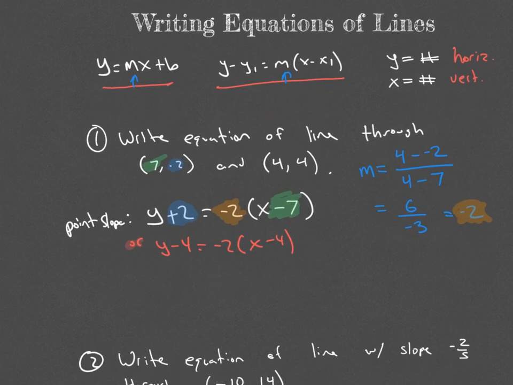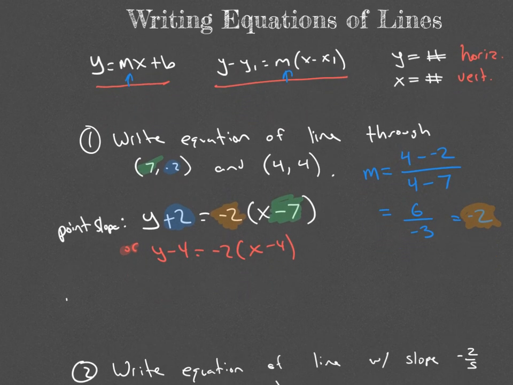The question might specify, it might say write it in slope-intercept form. And if that's the case, you still have to start with point-slope, because we aren't given a y-intercept. A y-intercept is always (0, some number), and if you don't have the y-intercept, then we're not going to write slope-intercept form directly. So we have to start with point-slope and then convert it.